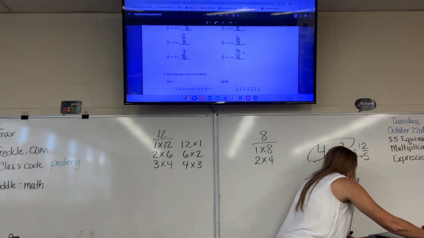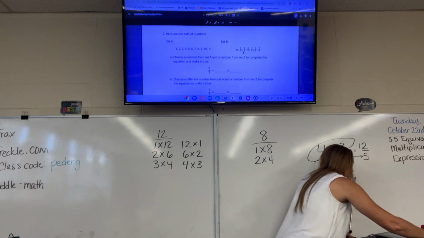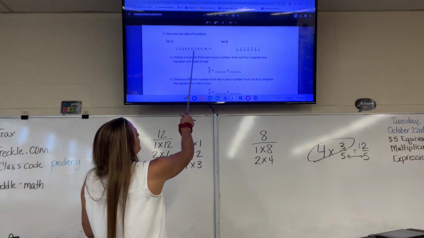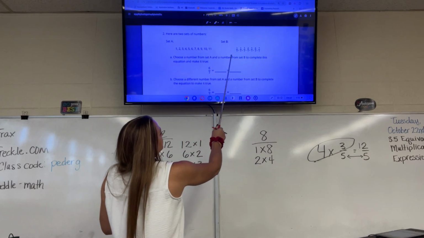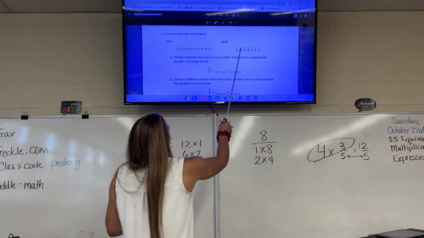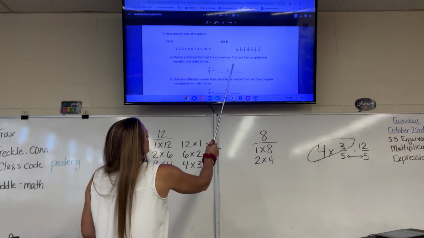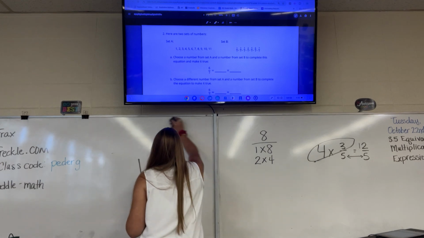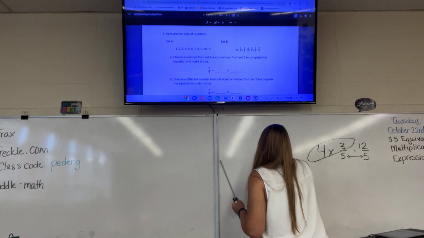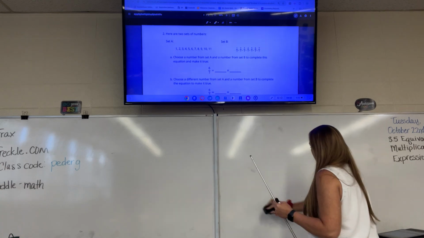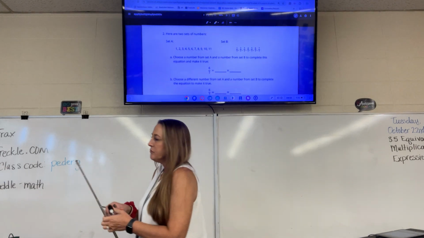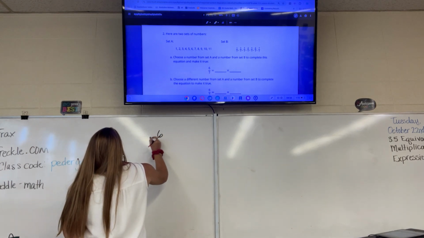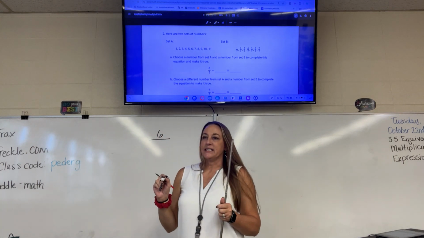Okay. It says here are 2 sets of numbers, set A and set B. Choose a number from set A as the whole number and a number from set B as the fraction to complete this equation and make it true. So let's think about the factors of 6 really quick because that is our numerator. That's the number we're trying to get to. So, Cameron, 6. What are the factors of 6?